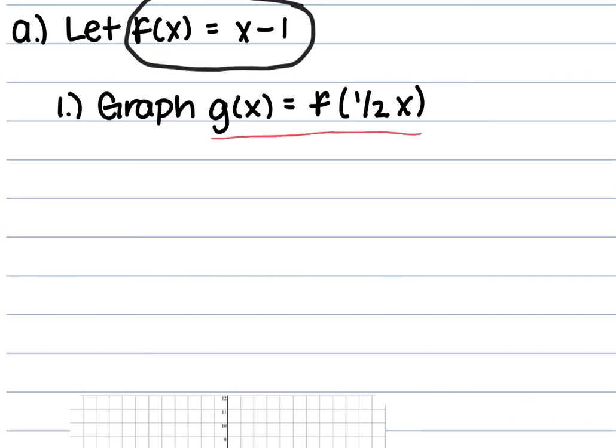g of x equals f of 1/2 x. Now, let's pretend we're regular people. If we're multiplying something by 1/2, is that going to shrink or stretch our graph? Shrink, right? We normally think shrink, but where is the 1/2 located?